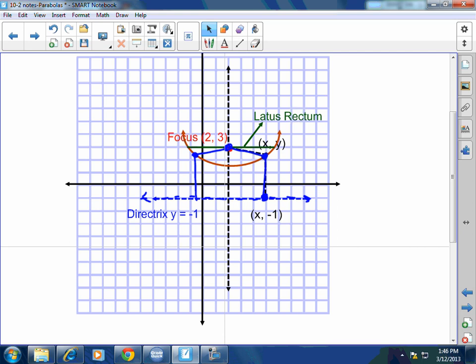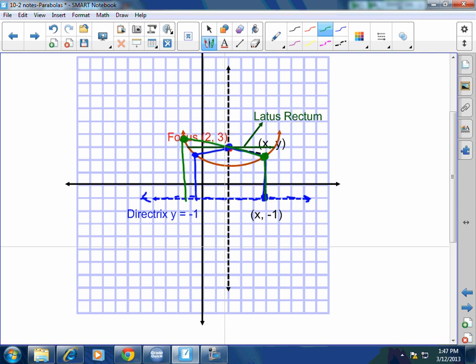If I have a point here on the graph, the same is true. So a parabola is a series of points where the distance from any point on the graph to the directrix and to the focus is equal. That's what a parabola is made of.